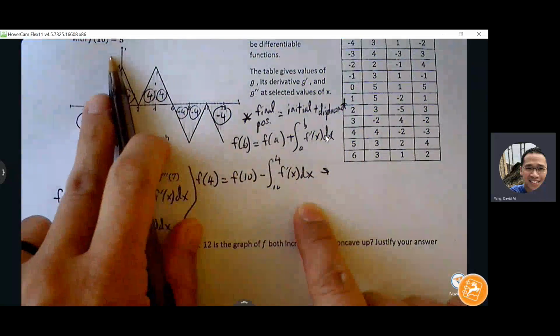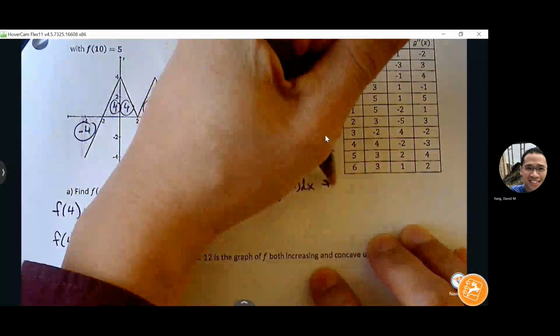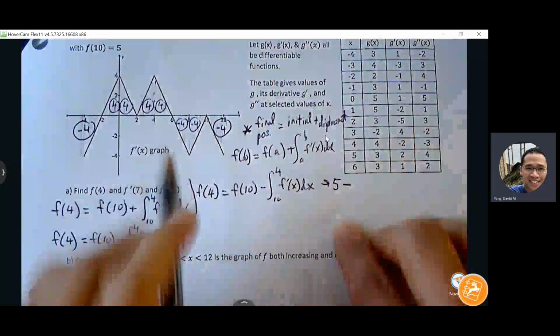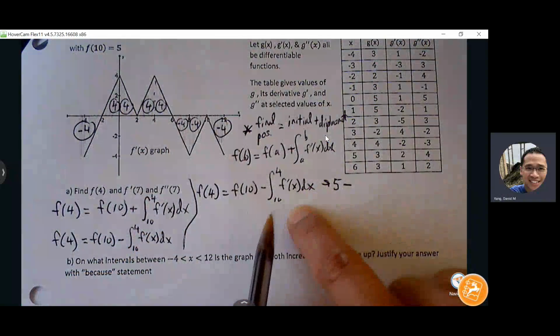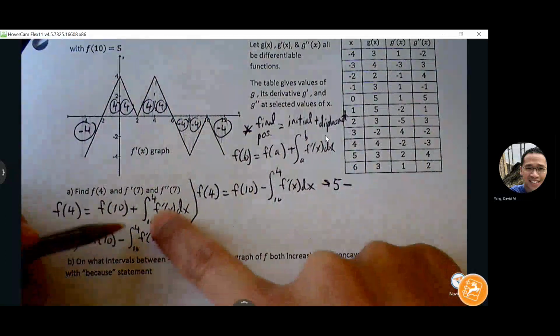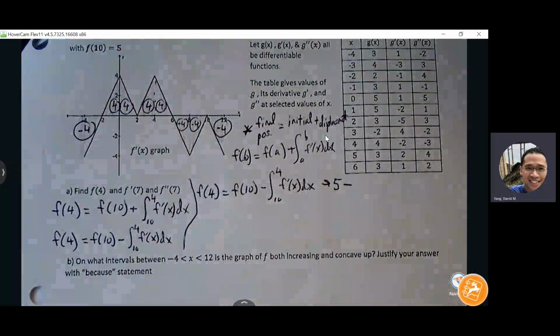f of 10 is 5 minus the integral from 10 to 4. Sorry, 4 to 10. I changed the sign, but I forgot to change the bounds.